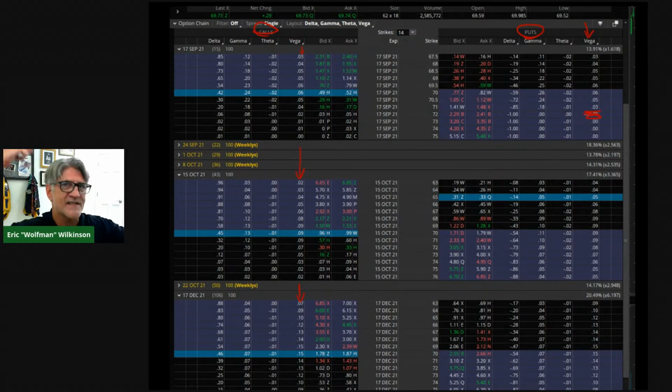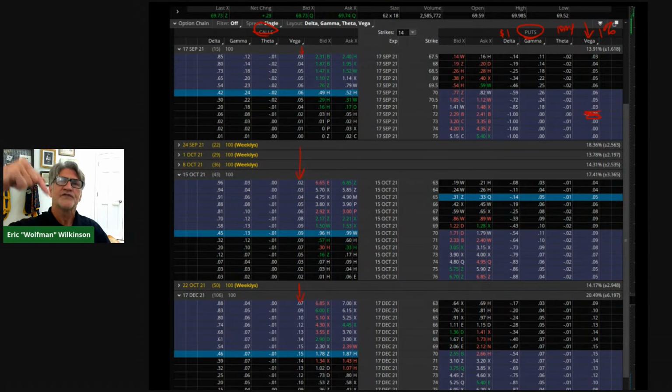It thinks of it as a day goes by. Vega is volatility increases. So delta is based on $1. Theta is based on 1 day. All right. And Vega is based on 1%. Positive across the board. You can't go back in time, so we don't have to worry about that, right?